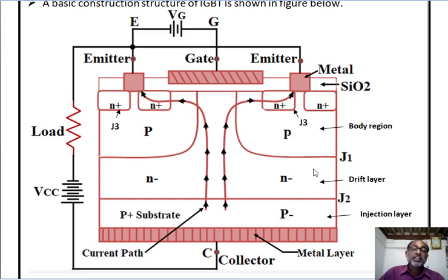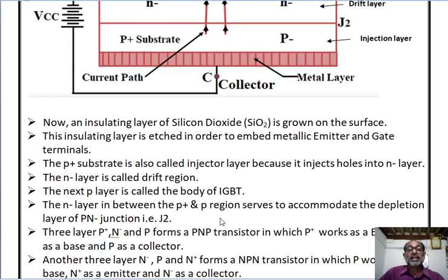So due to the increase in injection carrier density, the N minus region or drift region conducts. That means it increases the conductivity. So here we can say that the injection current density increases, which increases the conductivity of this drift layer. Now due to this, our IGBT will turn on and the forward current IC flows through the device. Now this is the working principle of IGBT.